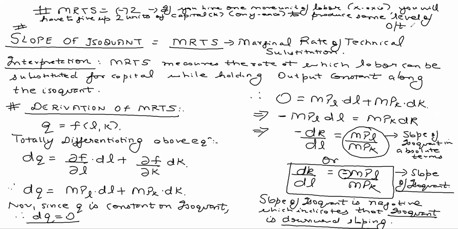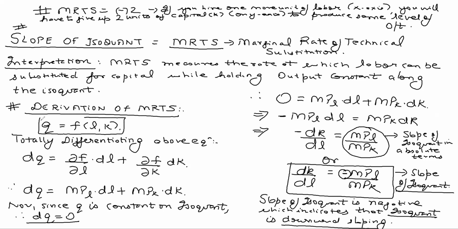It simply means that if you want to hire one more unit of labor, you have to give up 2 units of capital, or if you give up 1 unit of labor, you can get 2 units of capital. Very simple. Where labor is measured on the x-axis, capital is measured on the y-axis. And I hope all students have understood how we have derived it.